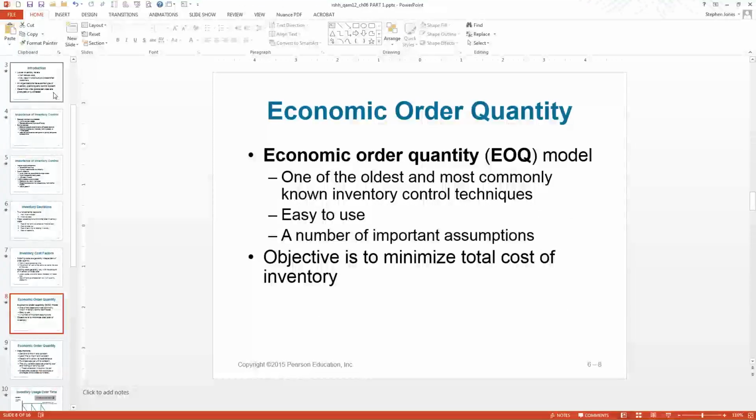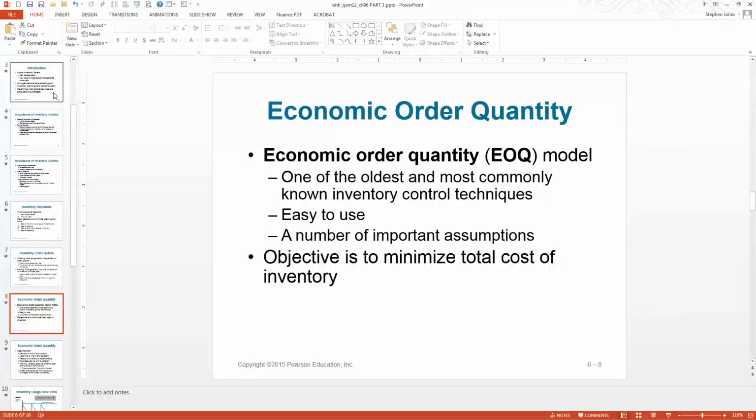As a result, we have the economic order quantity model, which is an attempt to try to get this to be some rational means of deciding how much do I want to order at any one time. Now, this is a theoretical model because sometimes you're going to find yourself having to order in lumps of quantities. In other words, you can't go into a store and order one hot dog bun.